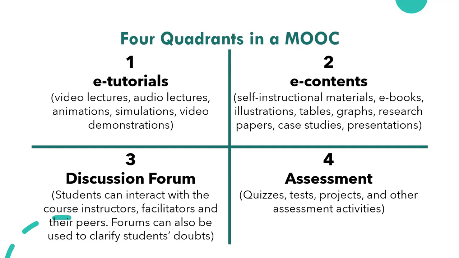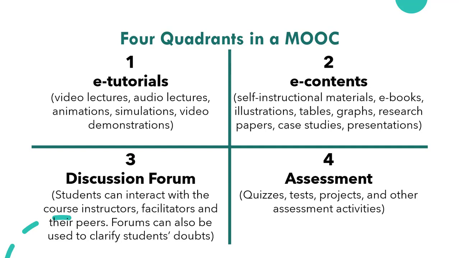All these activities in the 4 quadrants can be considered as interactivities because in some way or the other, they fall into different levels of interactivity, which I'm going to explain in the next slide. So these activities can be considered as interactivities because our students interact with them through computer software.